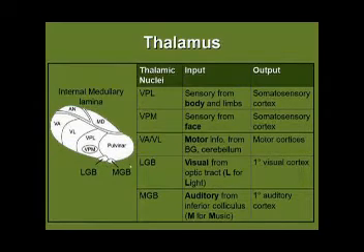One is the lateral geniculate body, our visual relay nucleus, L for light, that's the lateral. The medial geniculate body is our auditory thalamic relay nucleus, relaying auditory information from the inferior colliculus up to primary auditory cortex, and M for music helps us remember that it's an auditory processing center.